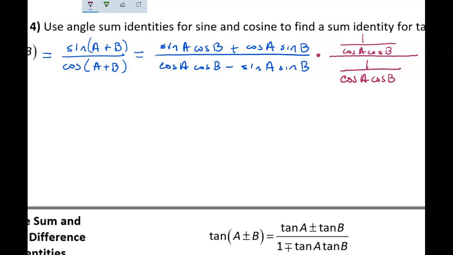Kind of like simplifying a complex fraction, only we're actually introducing a fraction here. And you'll see why this makes sense. What we're going to do next is take this fraction here and distribute it to each of the terms.